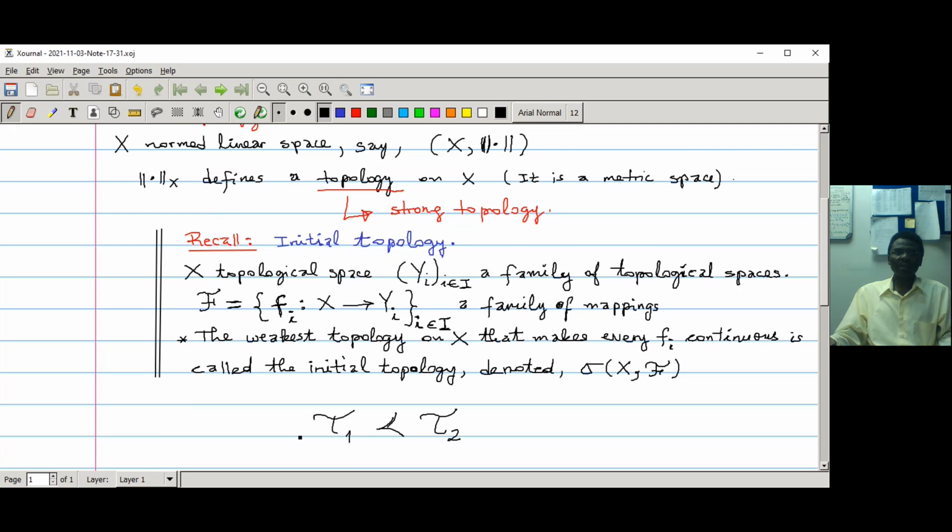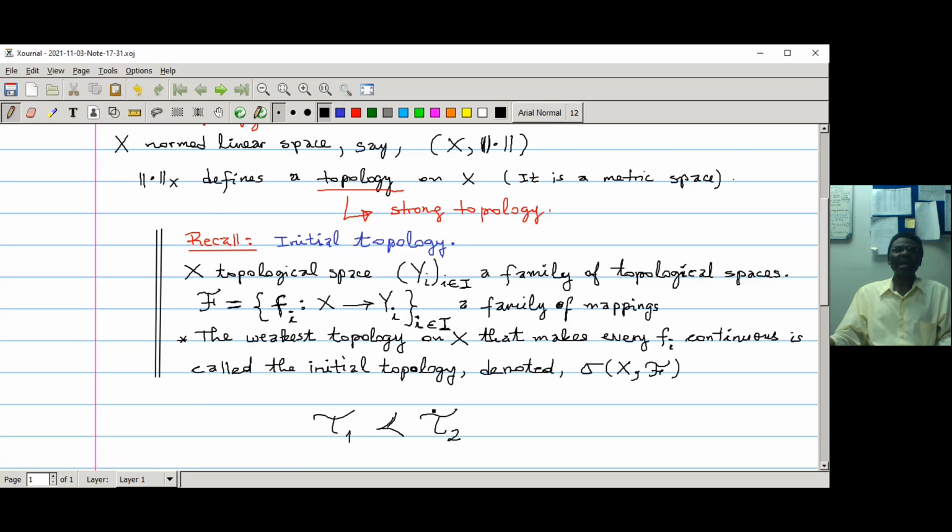Meaning that all the open sets of T1 are there in T2, and T2 is larger, or stronger, than T1. So T1 is weaker than T2, or T2 is stronger than T1.